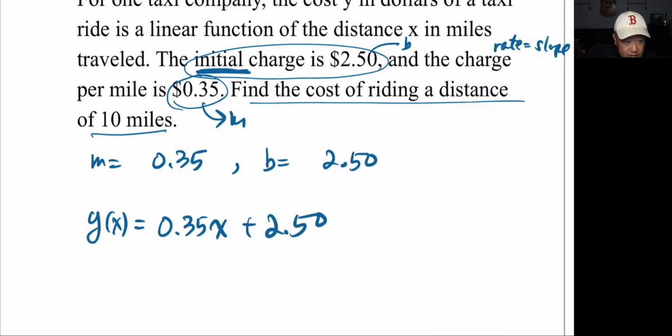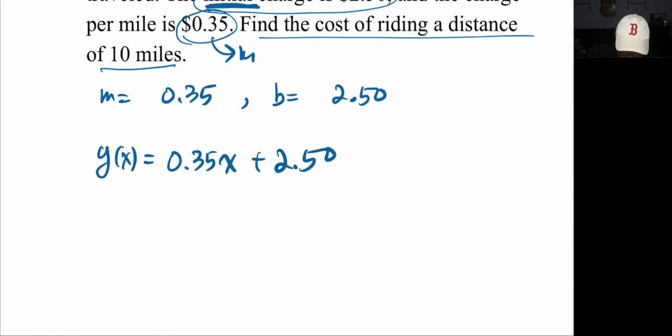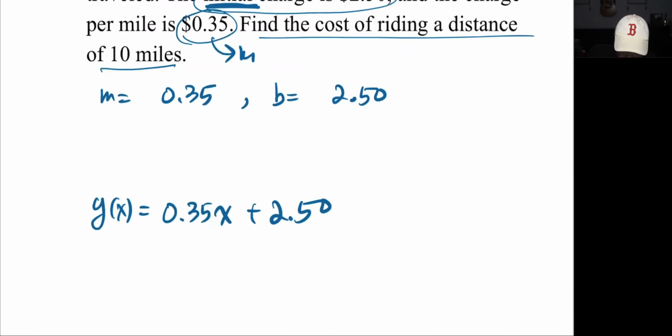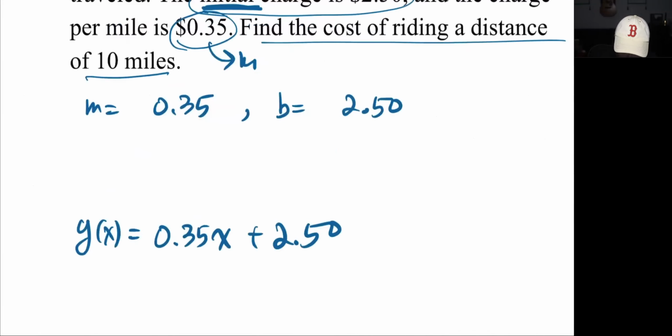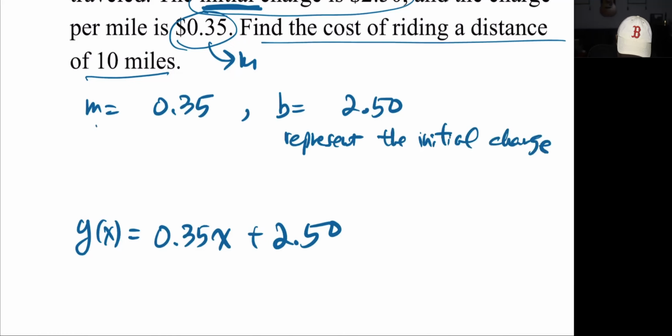Let's interpret this. I think it might be best to go with the direction in which they told us. 1, 2, 3. Let's interpret this right here. They told us this represents the initial charge, and this is a rate per mile.